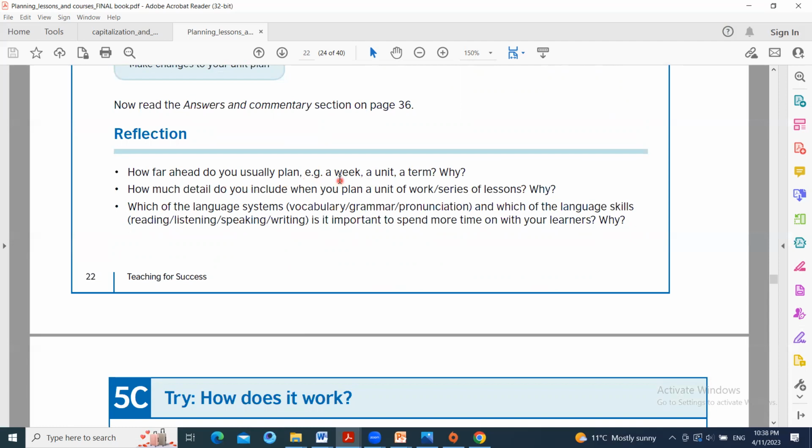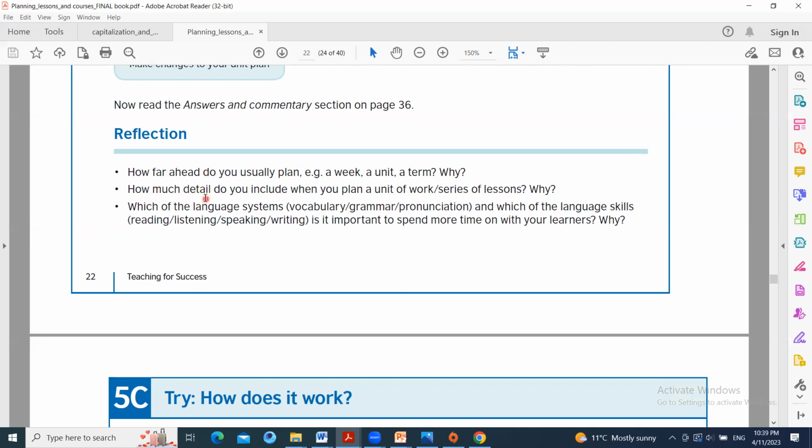For example, a week, a unit, or a term, and why? It's better to prepare a week, and also a unit, ahead of time, I mean before the time of giving the lesson.